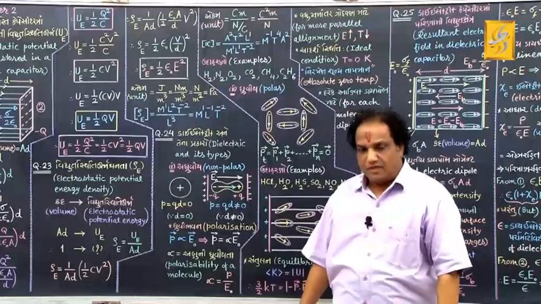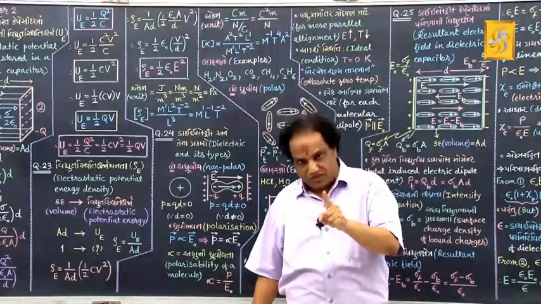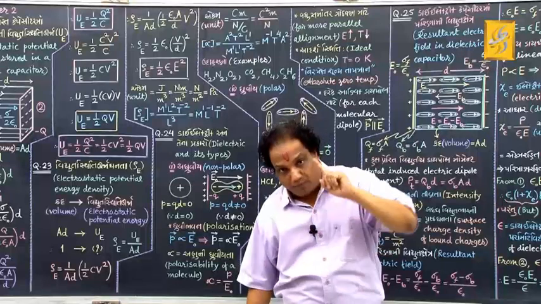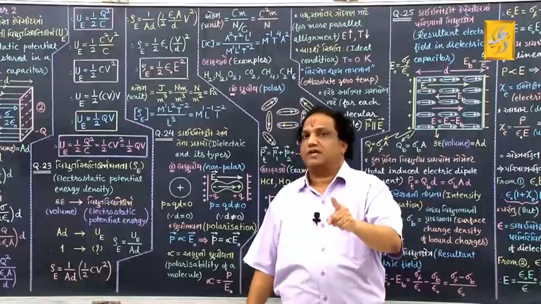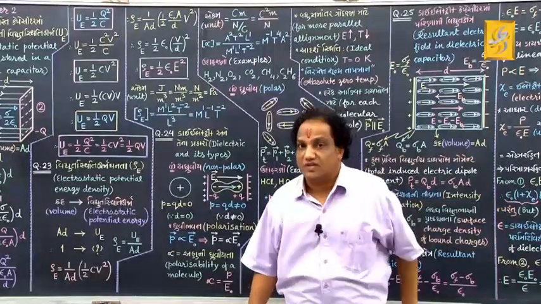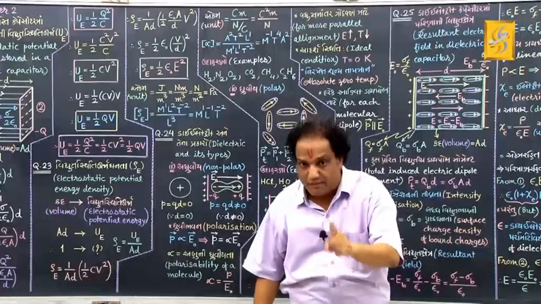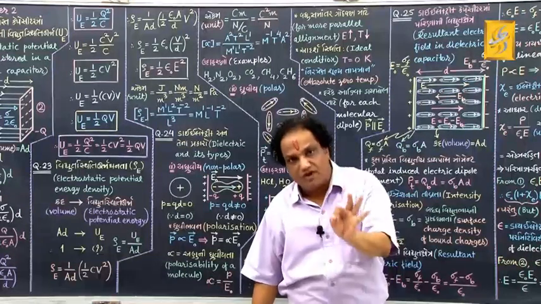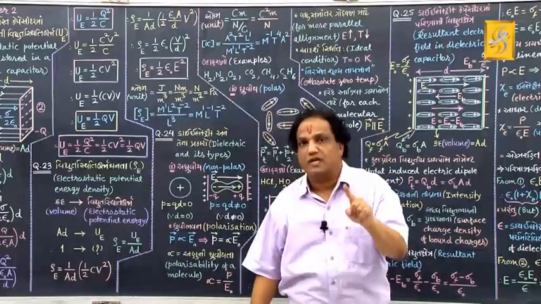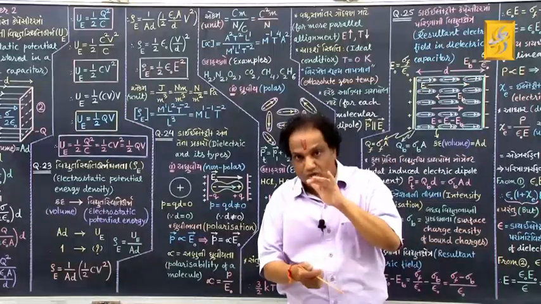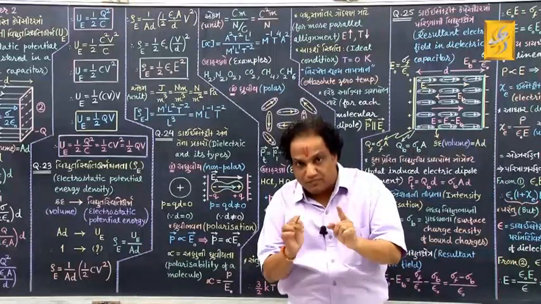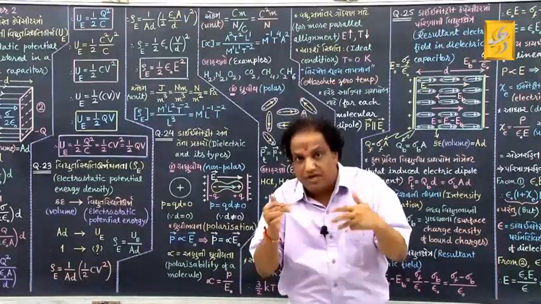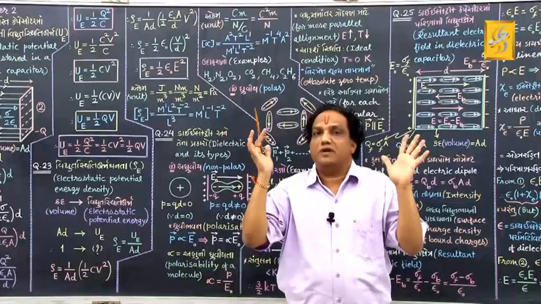I repeat, a phenomenon in which whenever any non-polar molecule is subjected to some externally applied electric field, there is some separation between the centers of unlike charges. This very phenomenon is known as polarization. And because of polarization, such molecules now acquire some induced electric dipole moment.